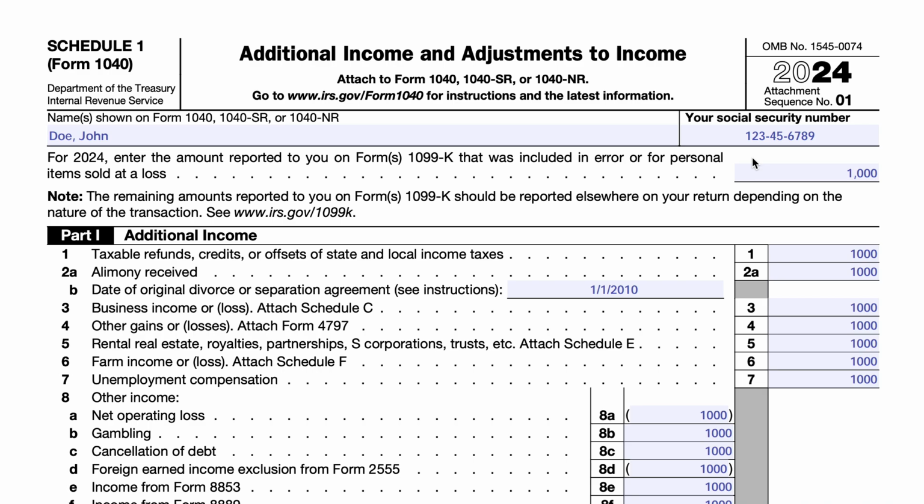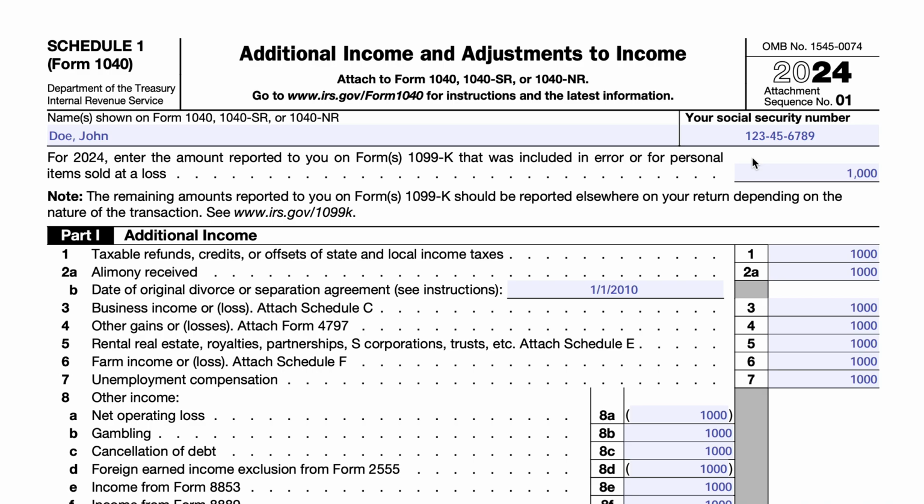Let's imagine that you bought a couch a long time ago for $2,000. You've had it for a couple of years, and last year you sold it for $1,000. Now you probably will get a Form 1099-K for $1,000 from the merchant that processed your transaction, like if you sold it on Facebook Marketplace, or someone that takes electronic payments, Venmo or something.